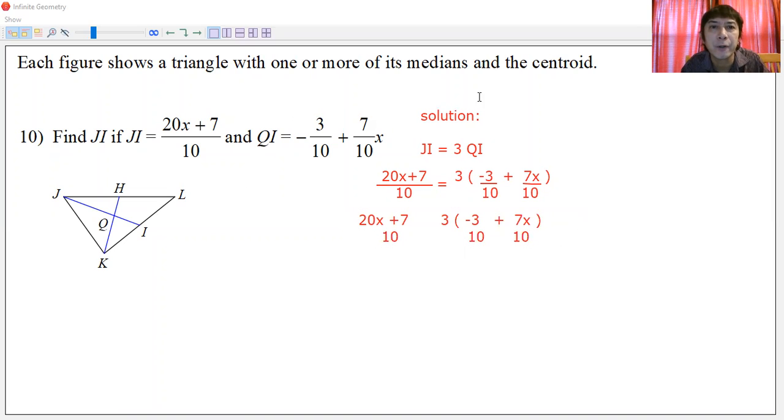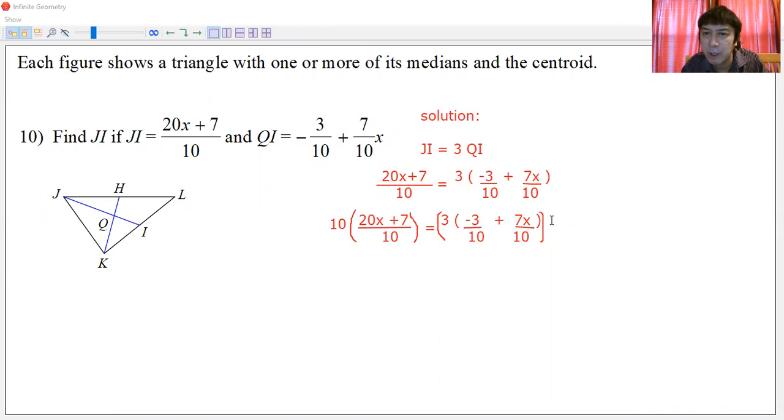Then we put the lines again, and of course the equal sign is over there. Now, when multiplying both sides by 10, I'm going to draw a big parenthesis here. We're going to multiply both sides by 10.